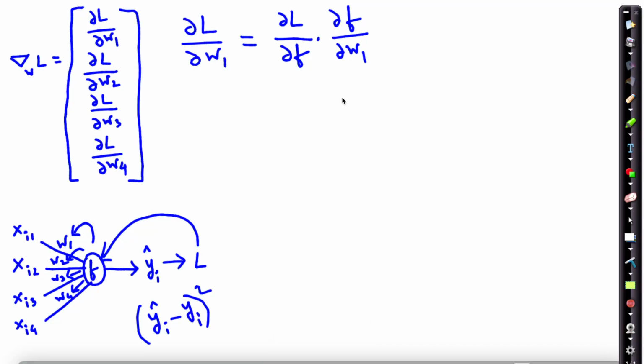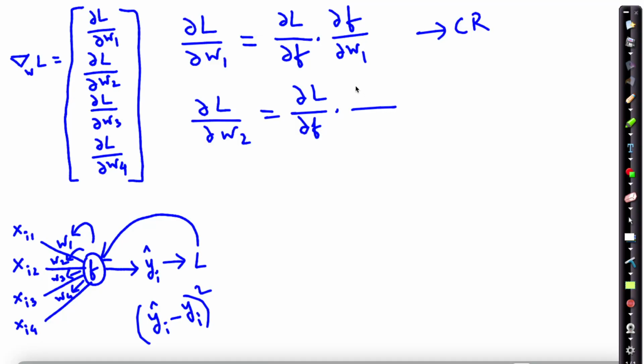This is the basic chain rule from class 11-12 mathematics, the differentiation chapter, partial derivative. Likewise, we can find the others. W2 will be similar, you can write it on your own. Please make a note of it, because otherwise it will be very messy and you will not be able to understand anything. Write it on your own.